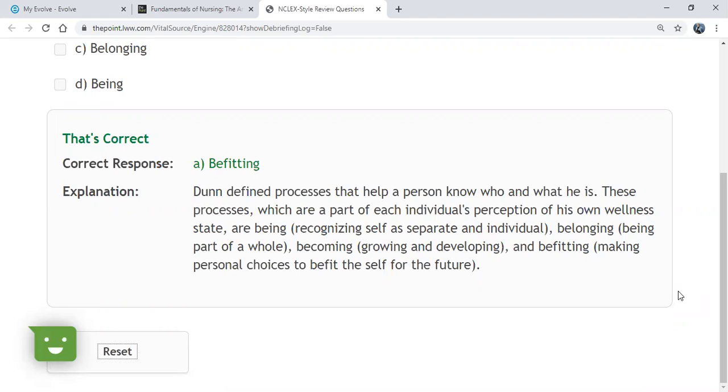So they're helping or benefiting themselves for the future. Quitting smoking would definitely be a befitting choice, right? When you think about befitting, think about fitting myself. If I stop smoking now, it could do me a lot of good later.